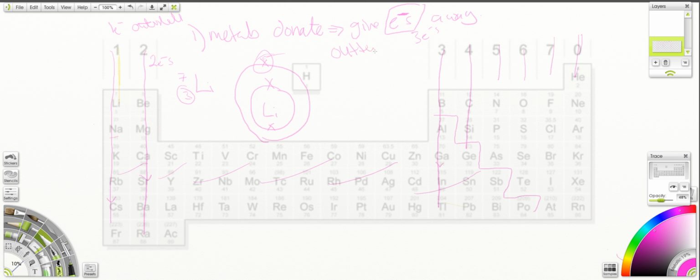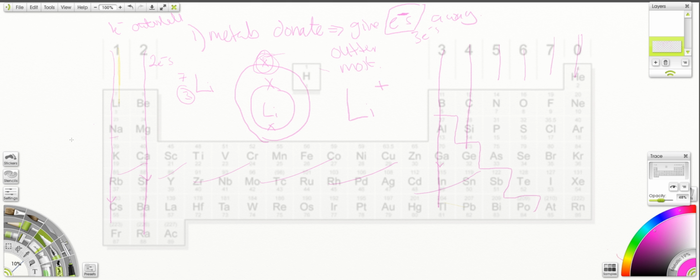It's very important: outermost electron. Now if I throw off a negatively charged electron from lithium, what charge will lithium have? It will have a charge of +1. But we don't write the 1, we just write plus.